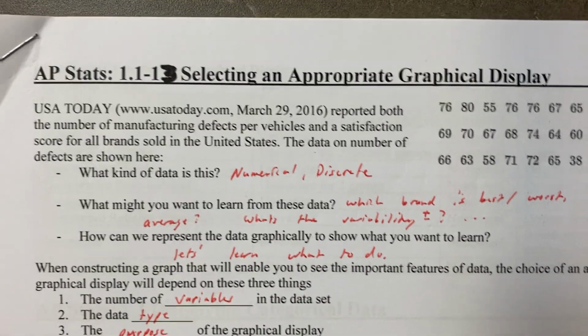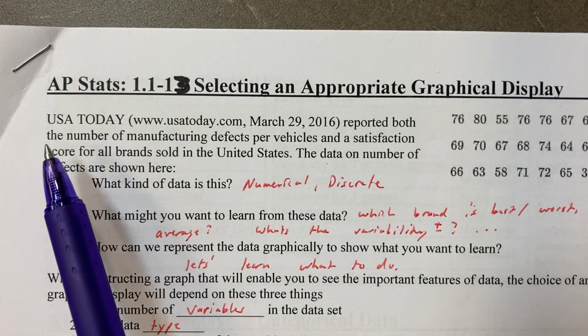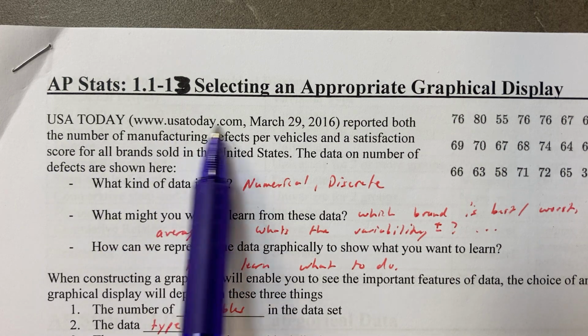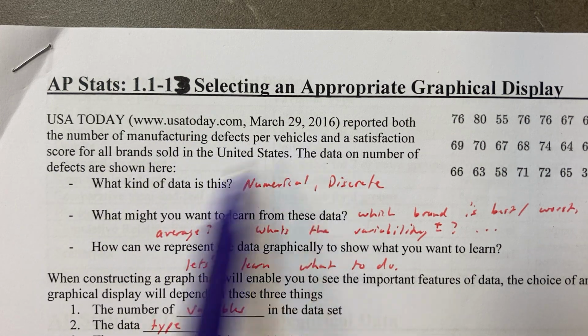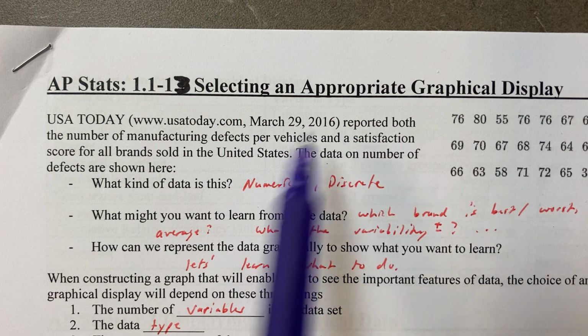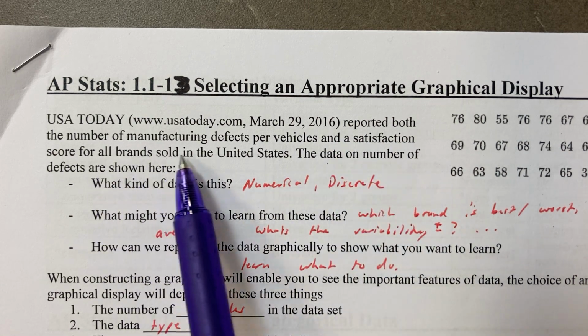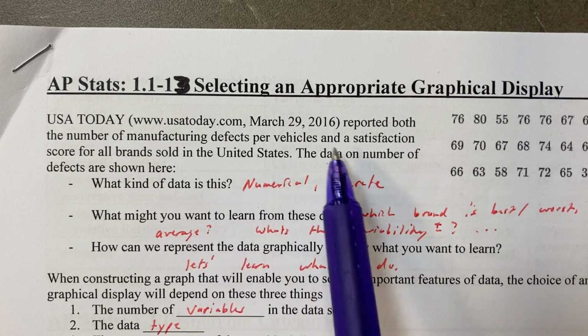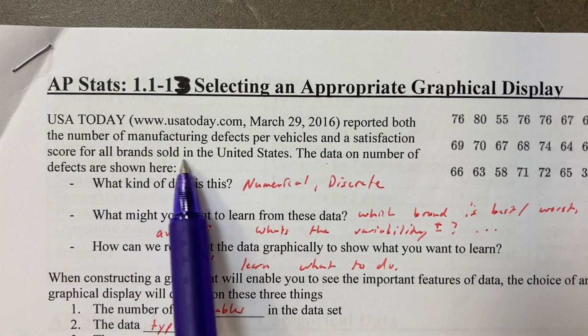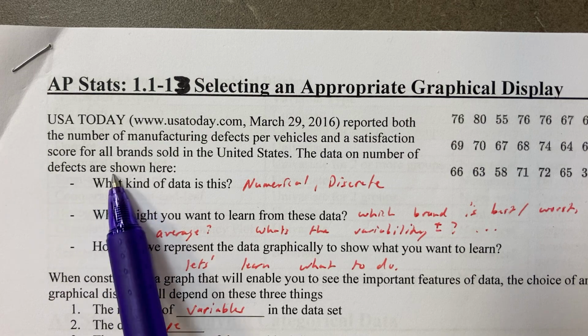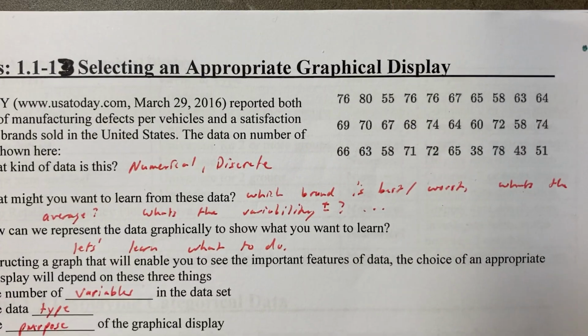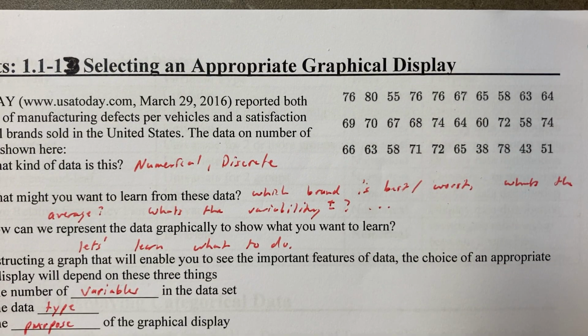All right, as a little warm up, it says USA Today, and we'll reference real articles in this class. Some of them are a little old, but it works. It reported both the number of manufacturing defects per vehicle and a satisfaction score for all brands sold in the United States. The data on number of defects are shown here. So this would be the number of defects per vehicle.